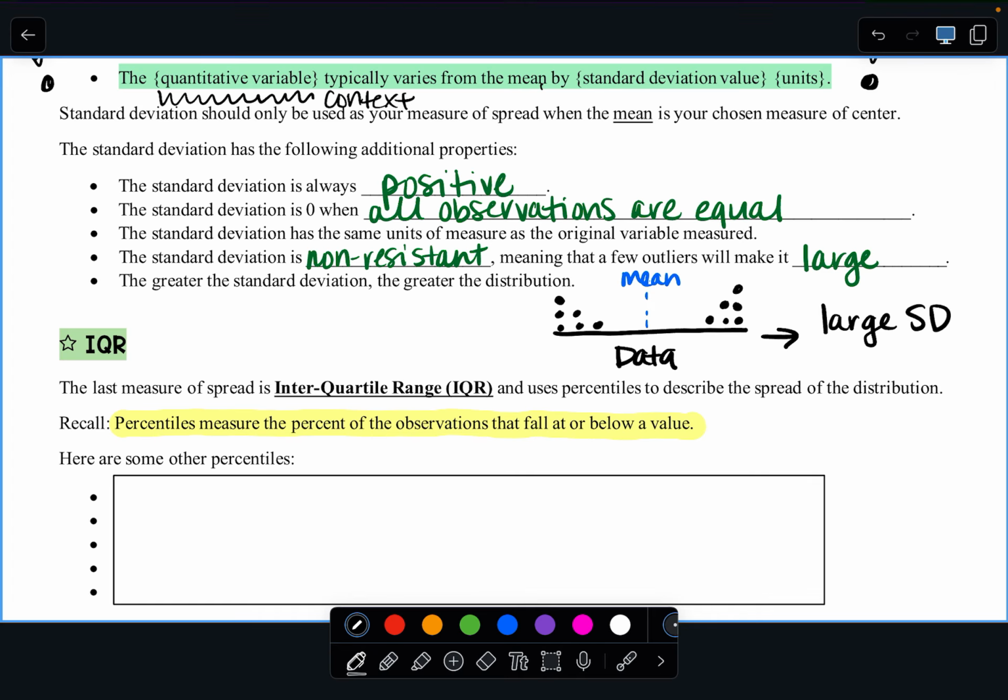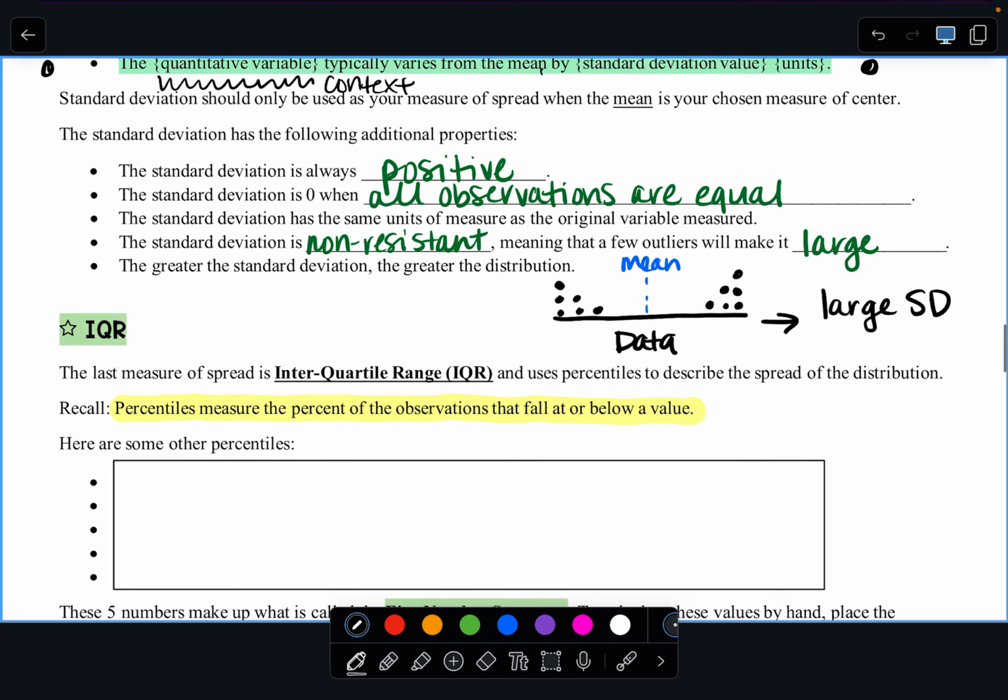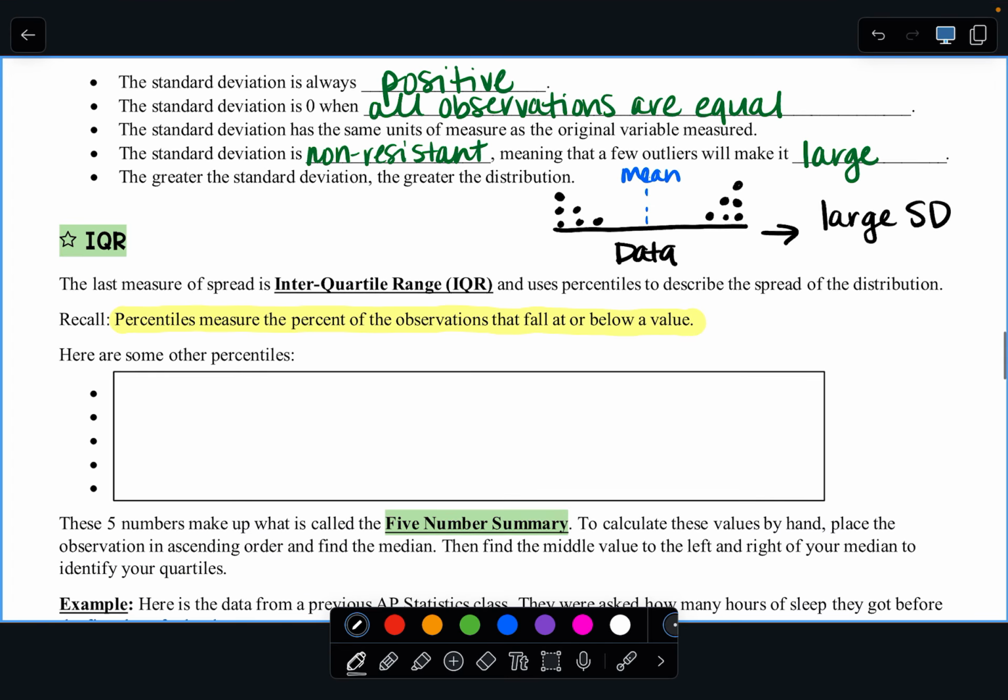Now, the last little bit that I include is a question that we see quite often, and it's one where it's a dot plot. And we always get, which one of these has the biggest standard deviation? If you look at a graph, it could be a histogram, it could be a stem and leaf plot, and all of the data values are on the side. So like I have one cluster over here, I have one cluster over here, and they're spread out as far as they can be.